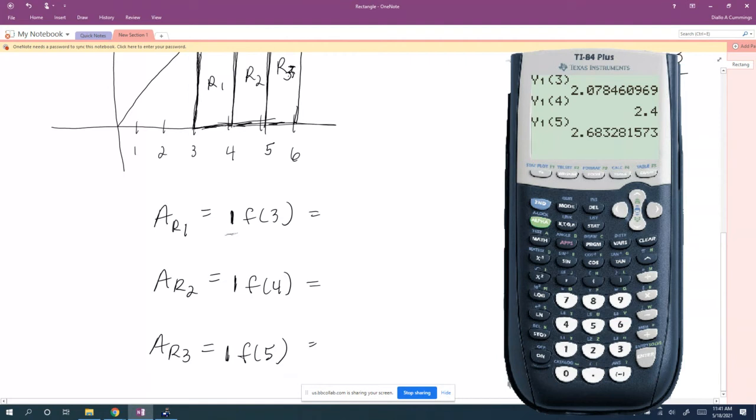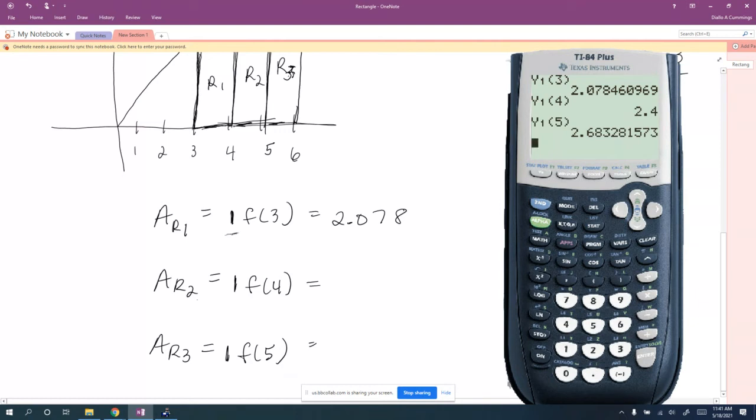So keep in mind that 1 is the width times the height, which is f of 3, which is 2.078.